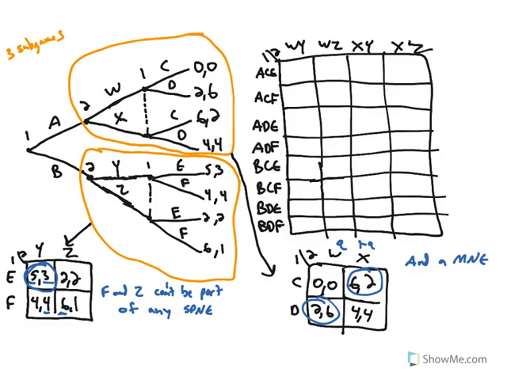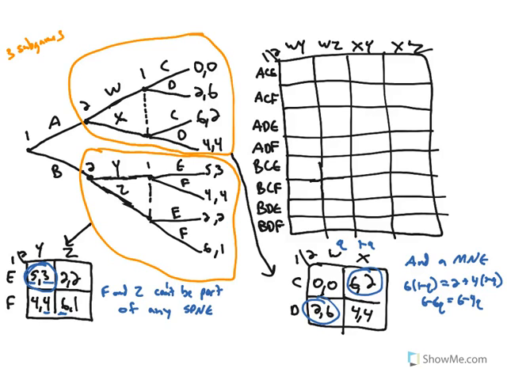Well, it's if 0Q plus 6 times 1 minus Q equals 2Q plus 4 times 1 minus Q.